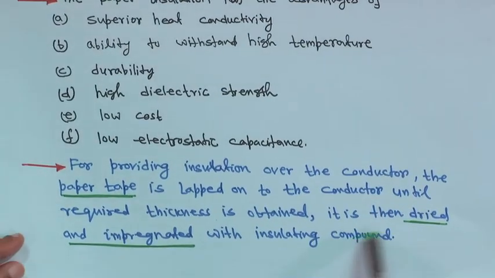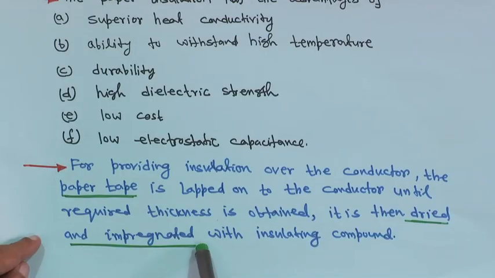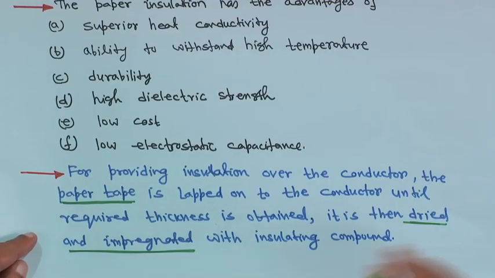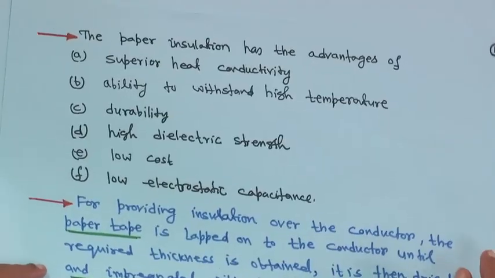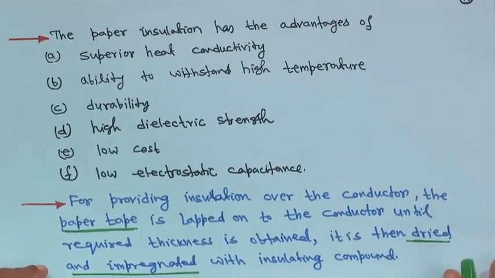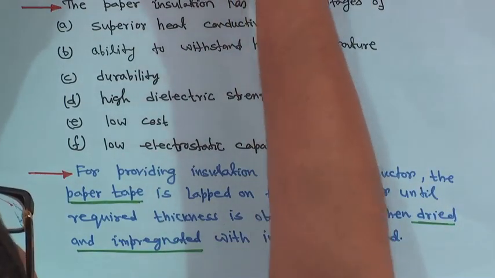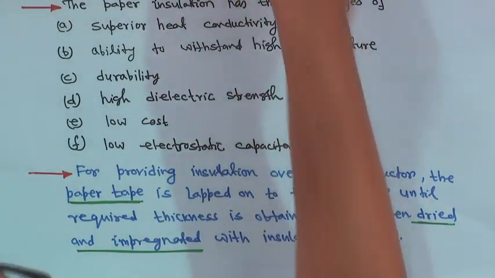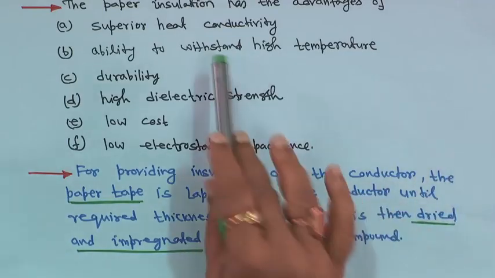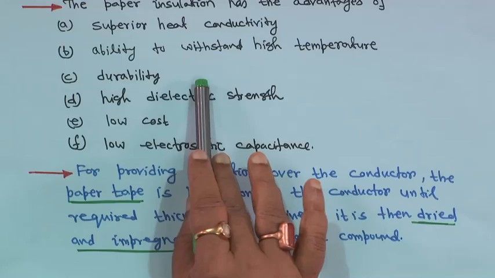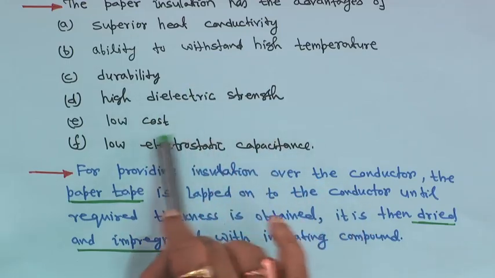It is then dried and impregnated with insulating compound. The manufacturing process is not easy, which is why cable is very expensive.